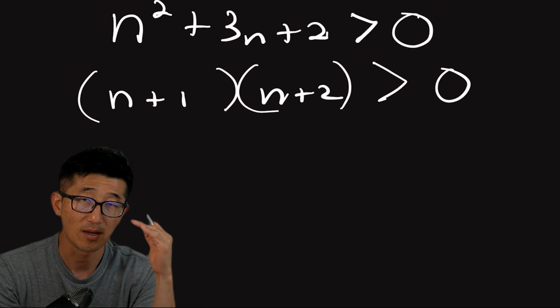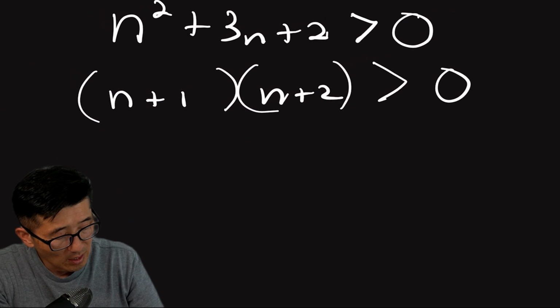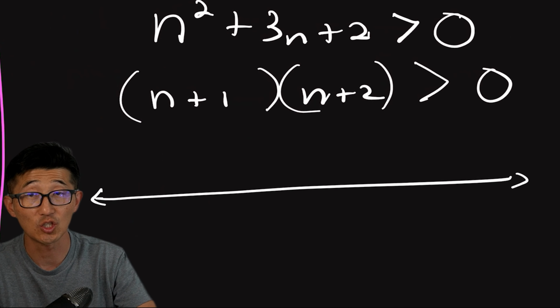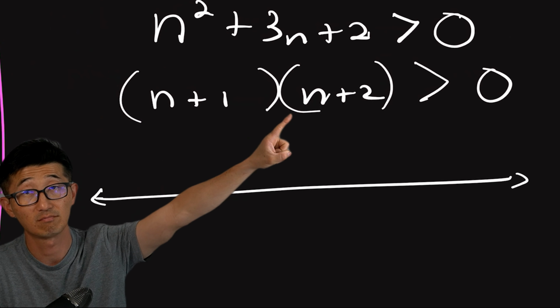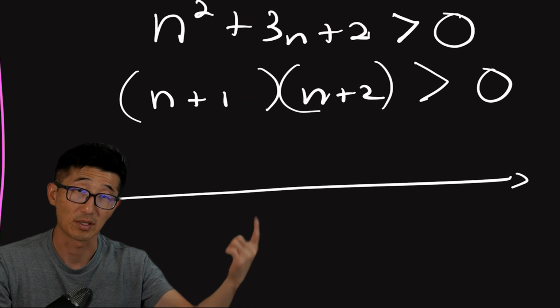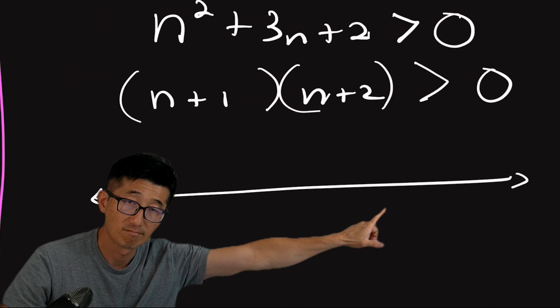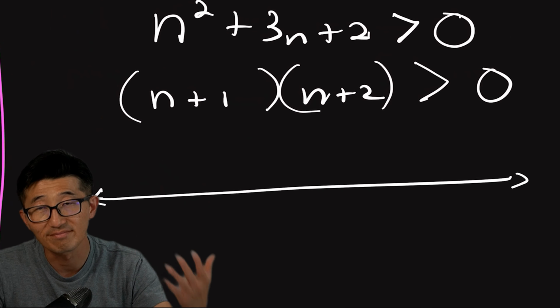Now, watch. You have a number line with an infinite amount of opportunity to plug into this value right here. You got values from 0 to negative, and then 0 to what? Positive.